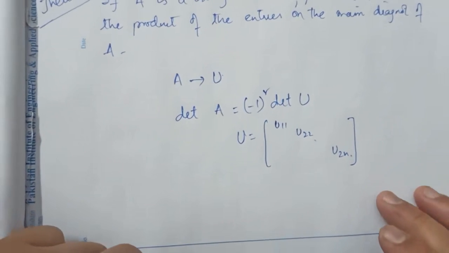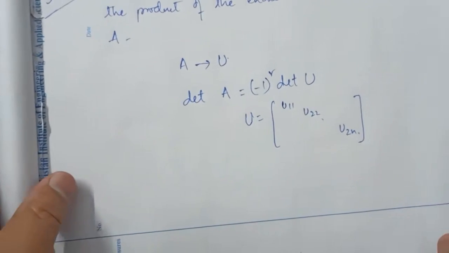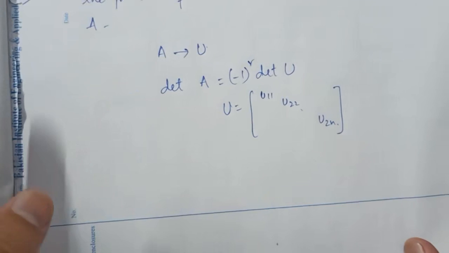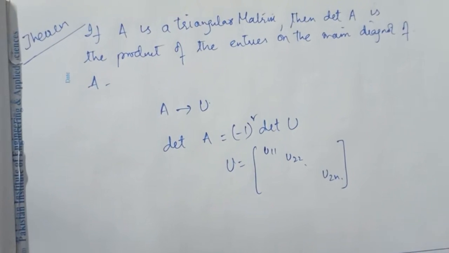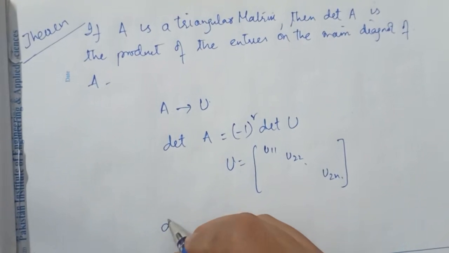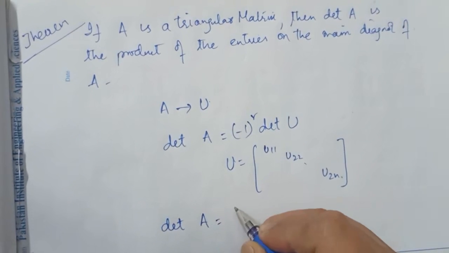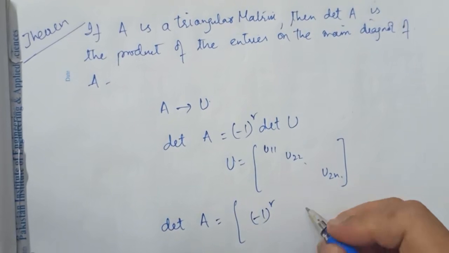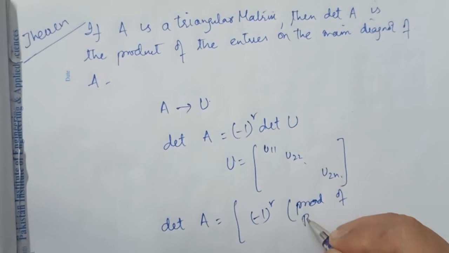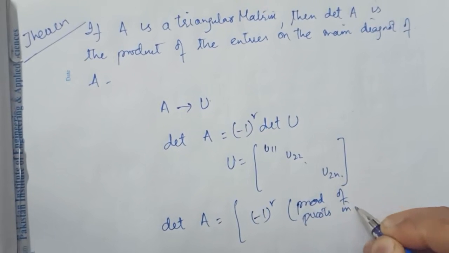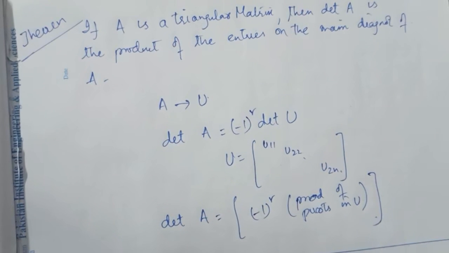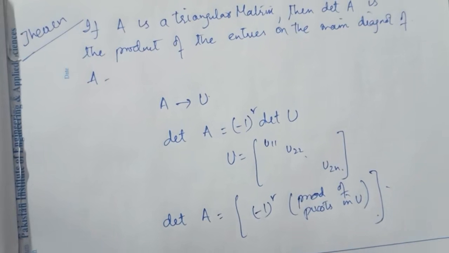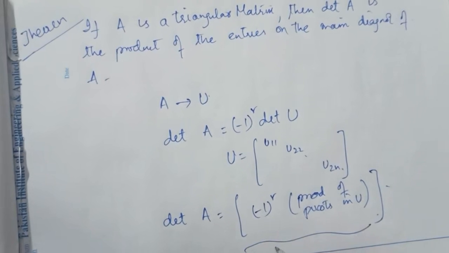And if A is invertible, it means its determinant is not equal to 0, or it doesn't contain any linearly dependent vectors. Then we can write the determinant of A as equal to minus 1 to the power r times the product of the pivots in U, right? So the pivots in U are u11, u22, and so on and so forth. The condition here is that A is invertible.